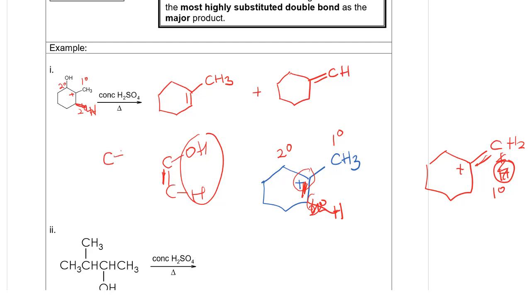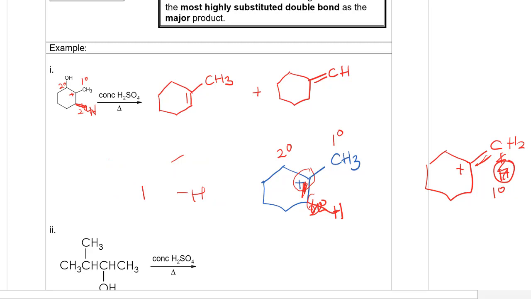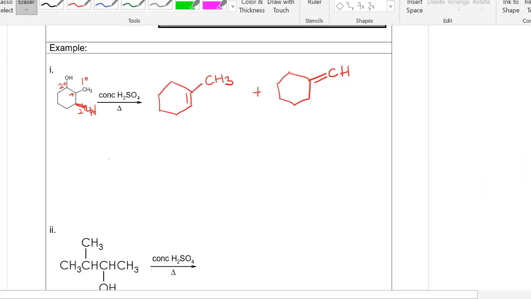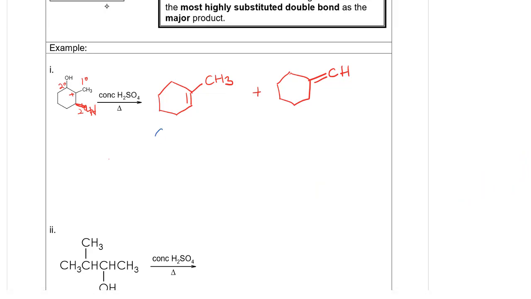So we remove the hydrogen, and it forms a double bond between the carbon that lost hydrogen and the carbon that has the positive charge. Okay, so this is the major, this is the minor product, and water is the byproduct.